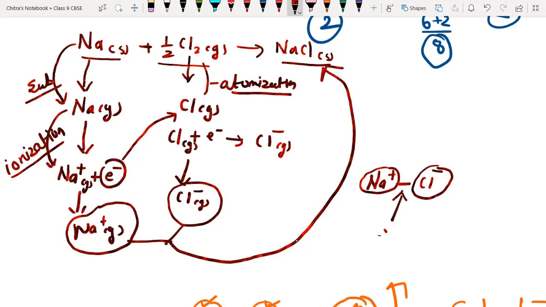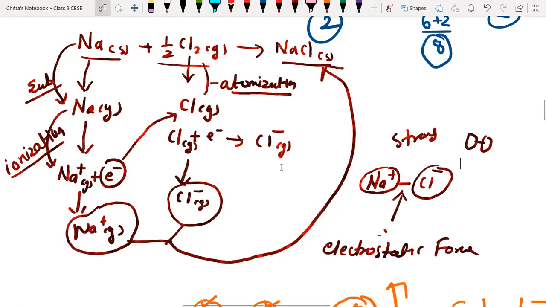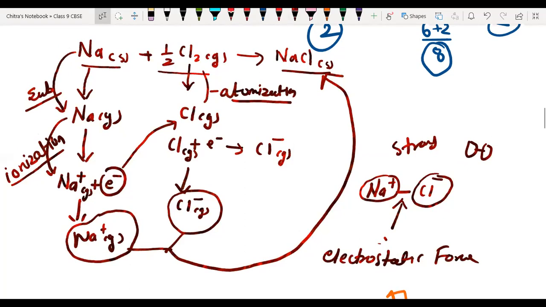And that force of attraction between positive and negative charged particles is called the electrostatic force of attraction. It is a very strong force. If the force is strong, then the particles will be very close to each other, right? But still they have a gap between them. That we are going to discuss, not the formation of sodium chloride. I will just explain how the process takes place.